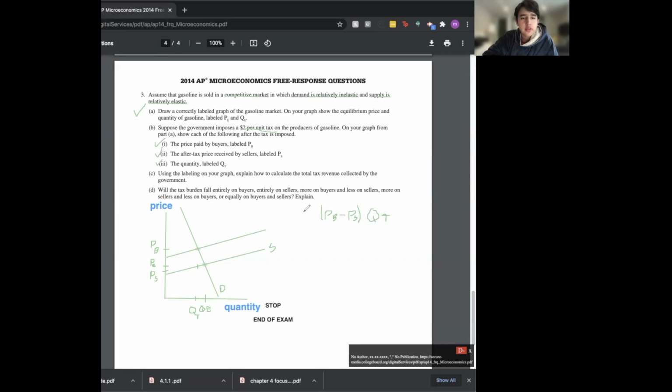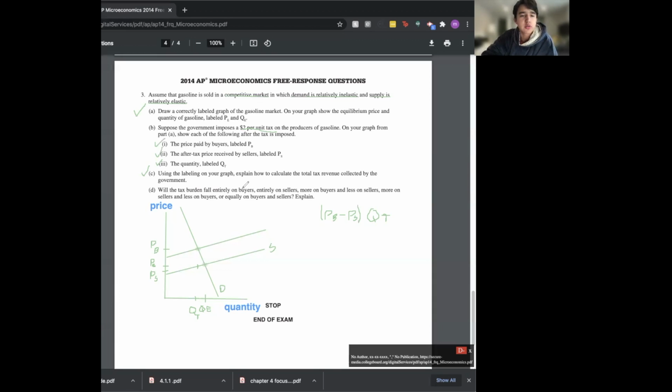So that is essentially question C. Because we don't have numbers attached to this, although if we did, we could just plug them into the formula and see how much the government receives. So let's move on to question D.